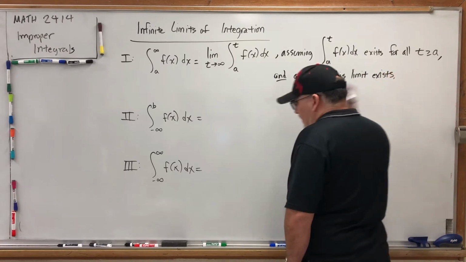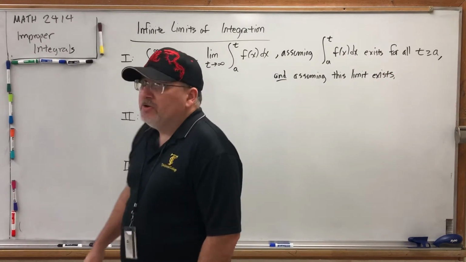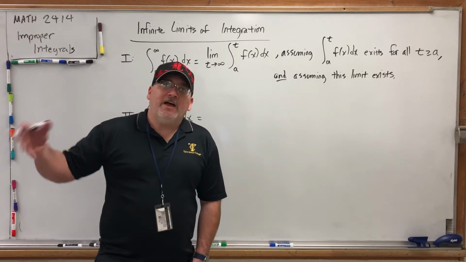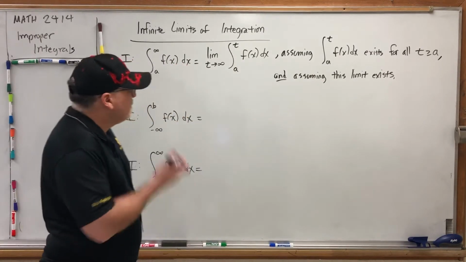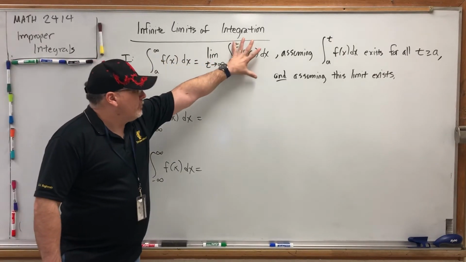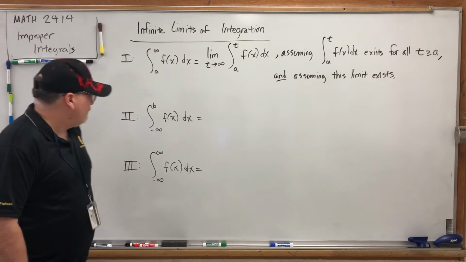And really, it's the second part we're going to worry about the most. What if we replace the infinity with a variable, do the definite integral, and then let the variable approach infinity? So replace the problem with a variable, do the integral, now take the limit.